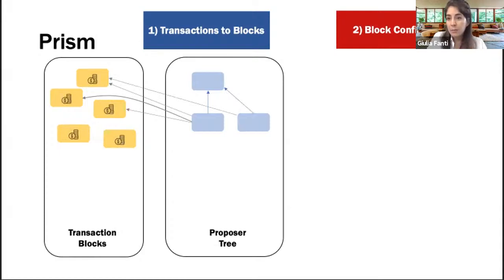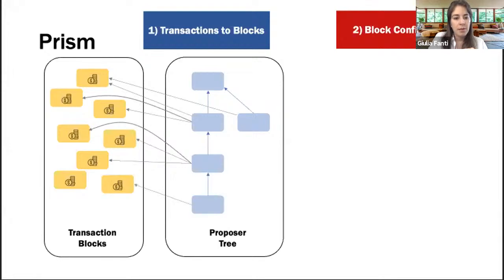Okay, again, like before, because of various conflicts, it's possible to have multiple proposer blocks at the same level. But we're going to talk in just a second about how we resolve those conflicts. All right, so here we have our proposer tree and our transaction blocks.